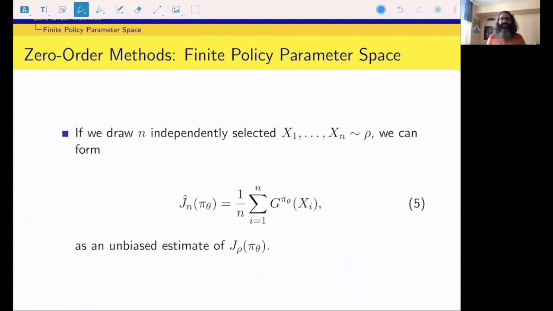Okay, so that was only for one sample x. If we have n different samples, x1 to xn, all from the same distribution, then we can take the average, 1/n of the sum of g pi of xi, and this j hat of n would be an unbiased estimate of j rho for that policy pi theta.